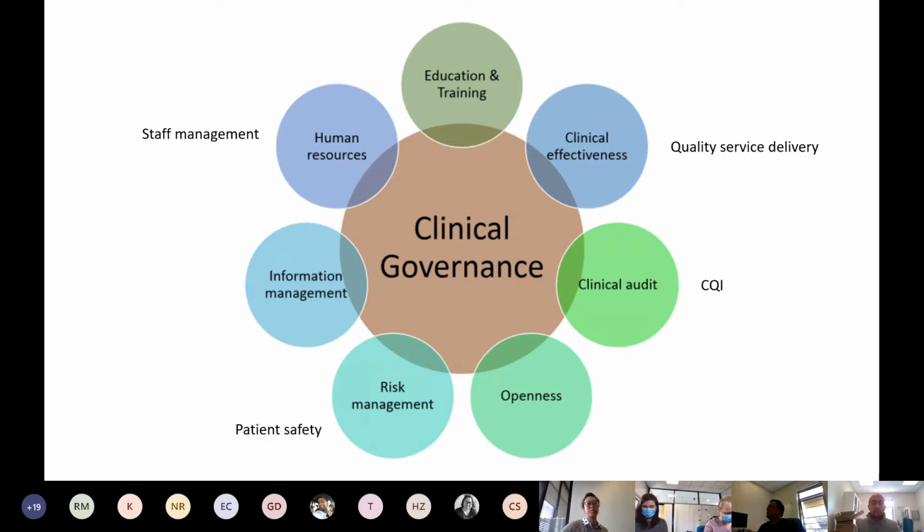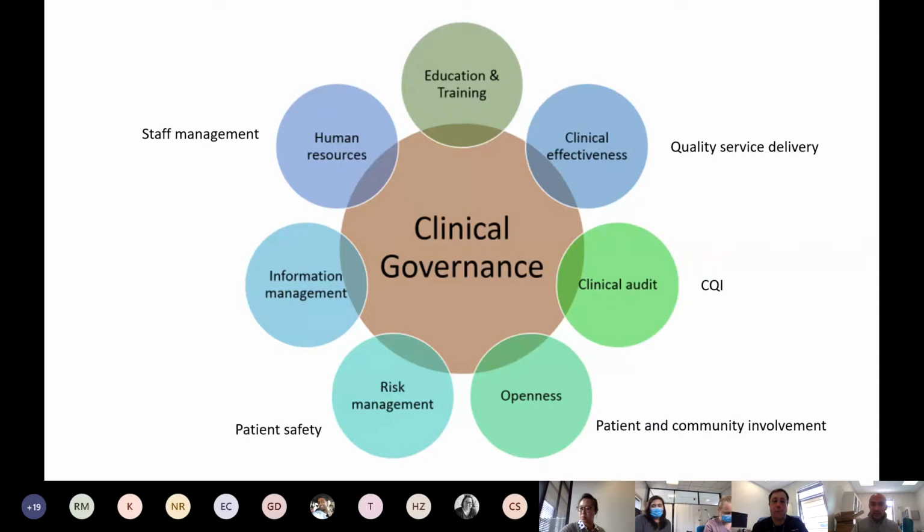Risk management and patient safety go together. That's the system where you ensure that you provide a safe service and monitor it. Openness is where you're transparent with your service, patient and community involvement, patient feedback. We talk about patient-centered care, but how much of our care is actually patient-centered? But that's where that comes in.